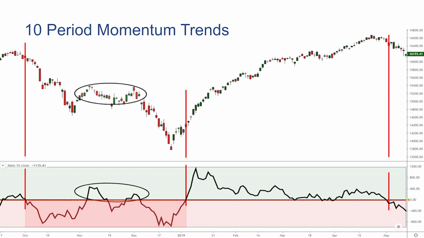Similarly, during the entire bull advance from early January all the way through to April, as this was rallying, you had the RSI stay decisively above zero all the way through the trend.